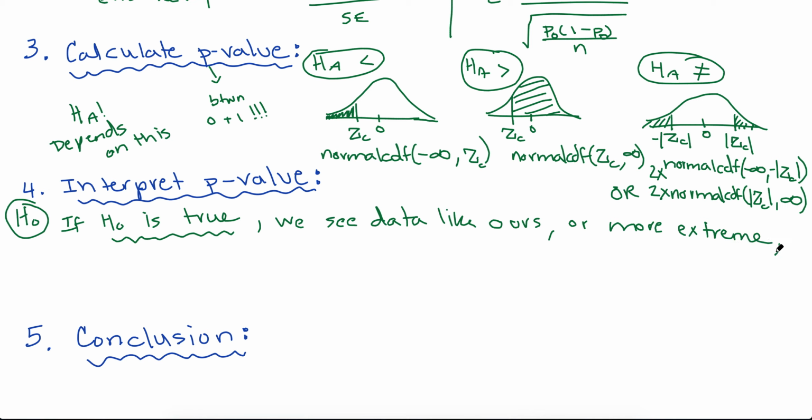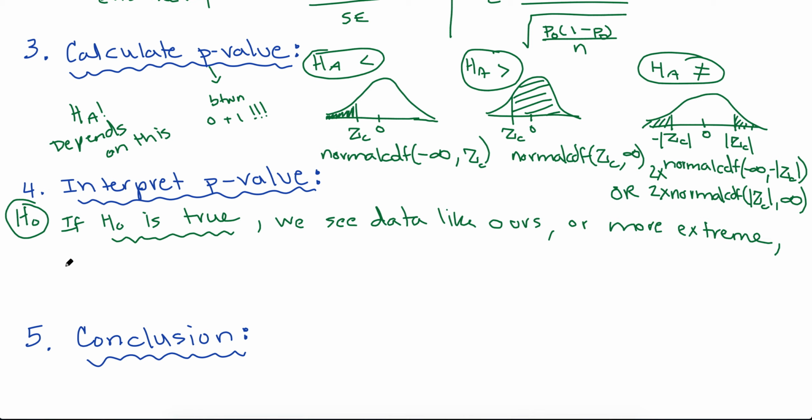Okay, again, this comes from how are we finding this probability? We're checking out our data, that z-calc is our data compared to the null, or more extreme, we're shading from our data or more extreme, and that or more extreme again is defined by our HA.